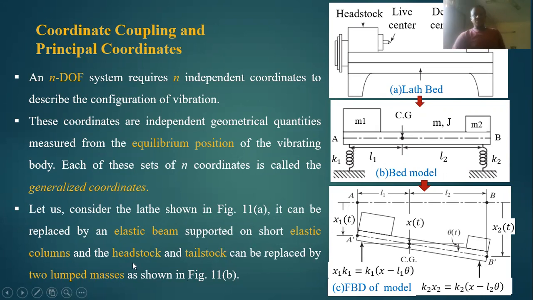The headstock and tailstock can be represented by two lumped masses, M1 and M2. This is a simple representation. In the figure, A is a simplified schematic diagram, B represents the vibration model of the whole system, and C is the free body diagram of the system.